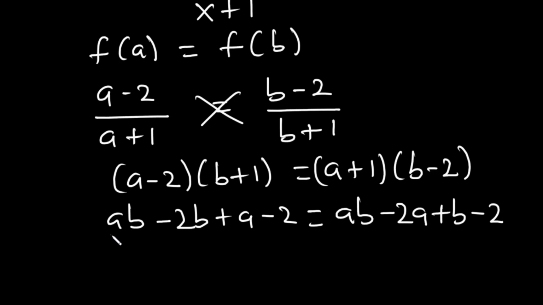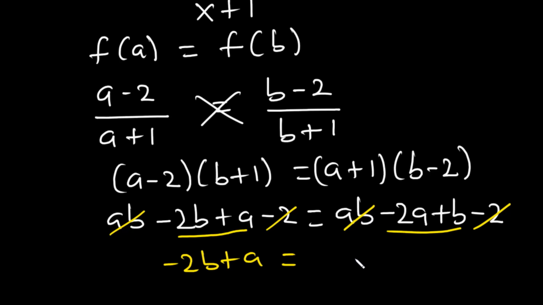Now we have ab here, we have ab here, we have negative 2 here, and then negative 2. So we cancel them out, and then we have negative 2b plus a, and then negative 2a plus b. So we had negative 2b plus a equal to negative 2a plus b.